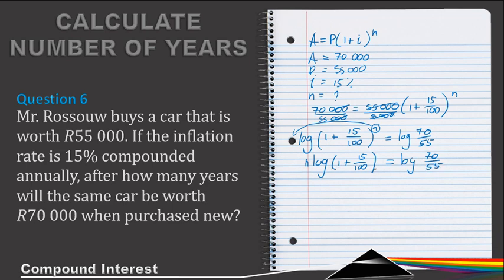And then the final step is just to divide both sides by the coefficient of n. Then this is log of 70/55 over log of (1 + 15/100). And then we type that in.